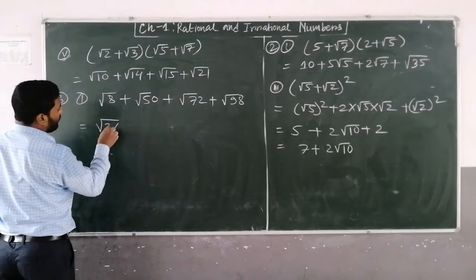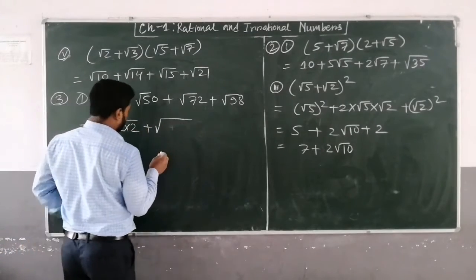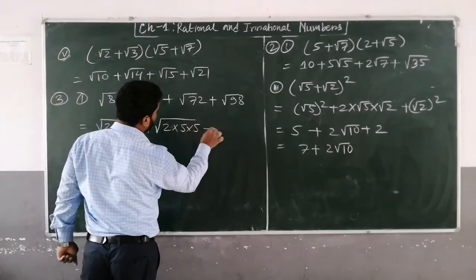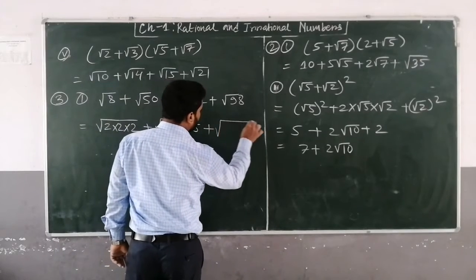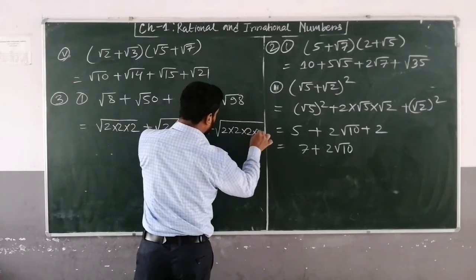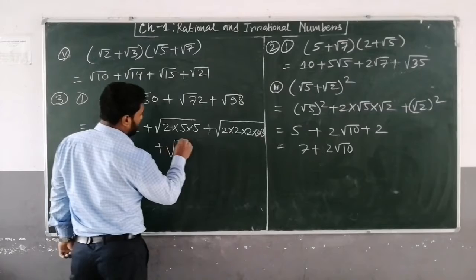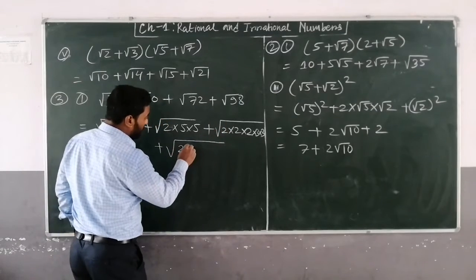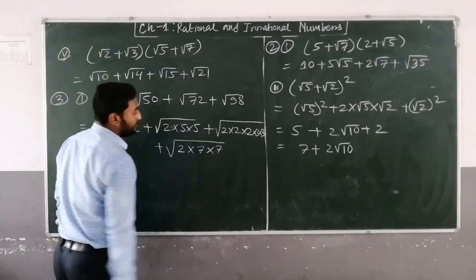So this will be 2 into 2 into 2, plus 50, 2 into 5 into 5, plus 72, this is 2 into 2 into 2 into 3 into 3, plus 98, so 2 into 7 into 7.